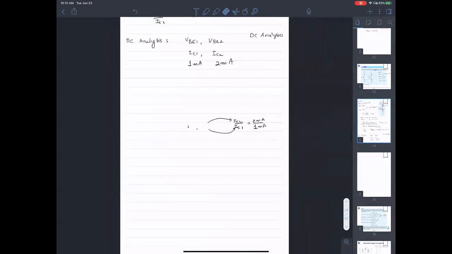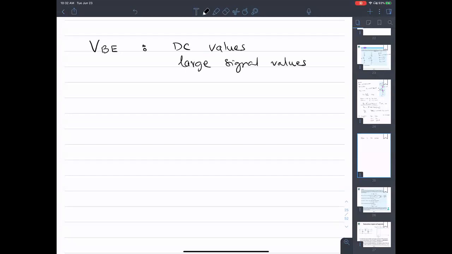So let me write it out here. This is what I'm going to do. Capital V, capital B, capital E is all DC values. We also call this large signal values. Little v, little b, little e is the AC values. You also call them the small signal values.